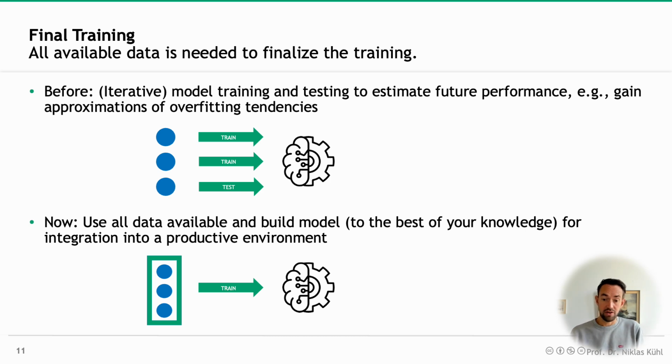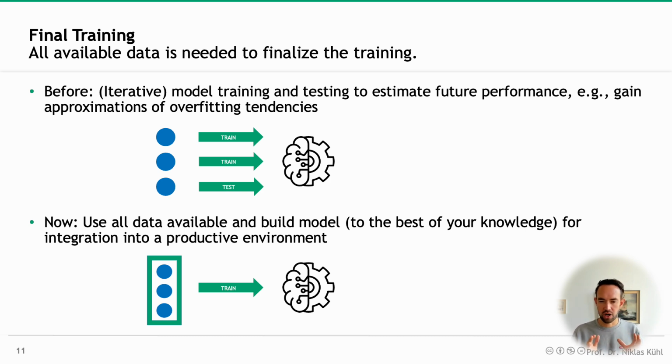Before, in the very last lecture, it was all about an iterative process of model training and model testing, estimating the performances, overall gaining an approximation of the overfitting tendencies, right? How well is our model at capturing the patterns in our data?